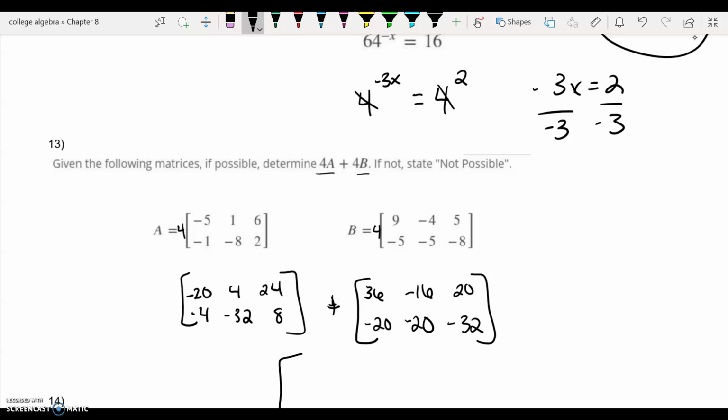So now you add them. I would add negative 20, 36, 16, 4, negative 16 would be negative 12, 24 and 20 would be 44. Negative 4, negative 20 would be negative 24, negative 32, negative 20 would be negative 52.